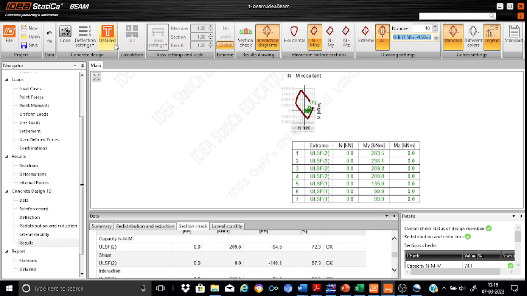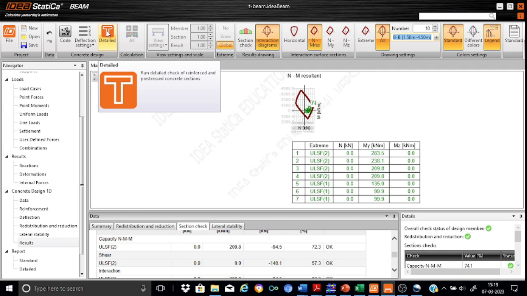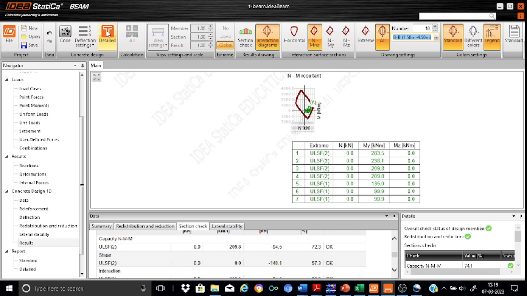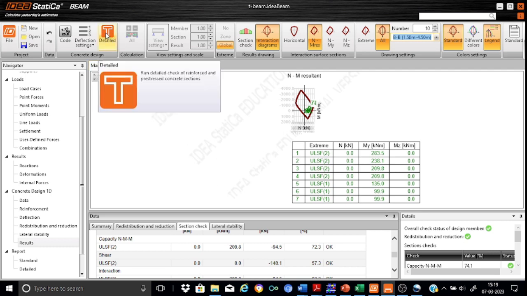You can import using a facility known as detailed check of the reinforcement. Let me tell you one very important thing: whatever is given in the beam program is good enough for you. But if you are interested in a little bit better visual experience, you can just press this detailed button.